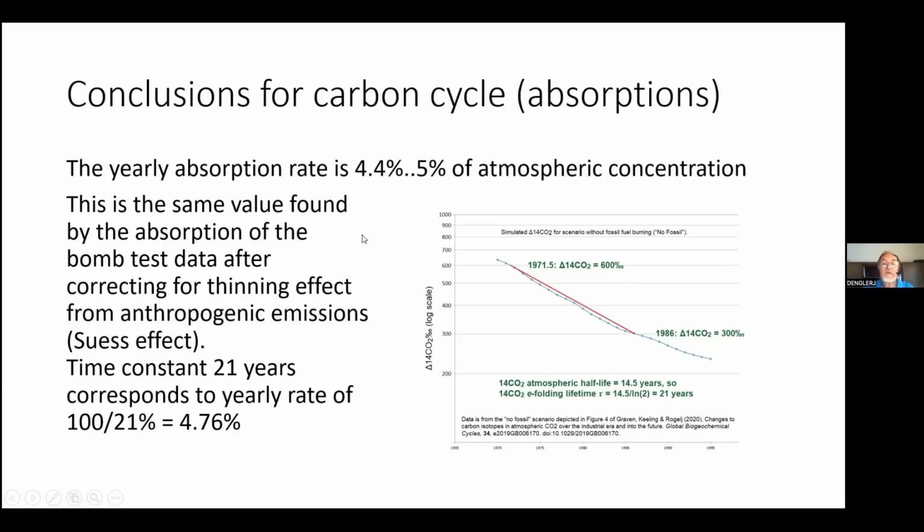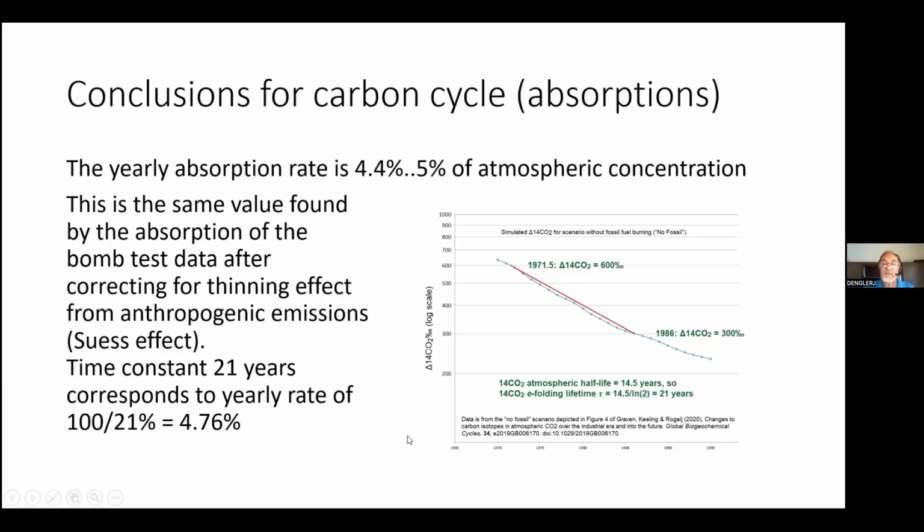Also, why do we measure the high absorption rate for radiocarbon? That's because the natural emissions emit carbon from the ocean or from plants, which is typically old carbon, much older than this emission pulse.